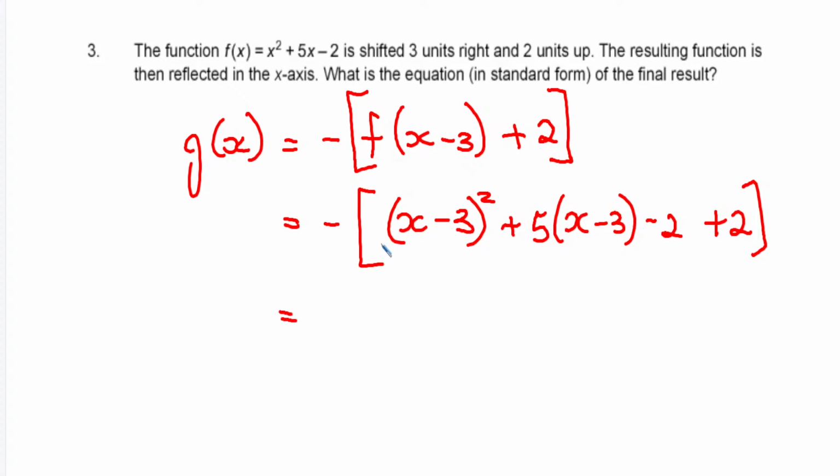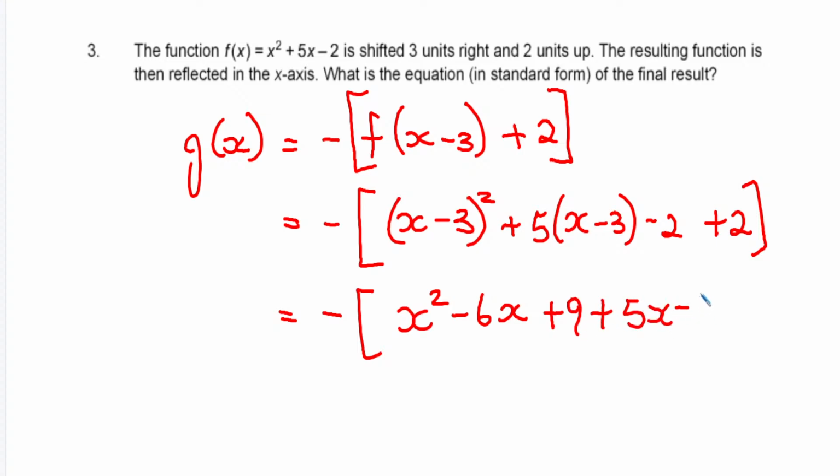Now, the last thing I've got to do is put this into standard form. And it strikes me that squaring a binomial, and I've spoken about this in just about every video, is something we really want to be able to do fluently. X squared, that product doubled, negative 6x, plus 9, plus 5x minus 15. And then we've got a minus 2 and a plus 2.